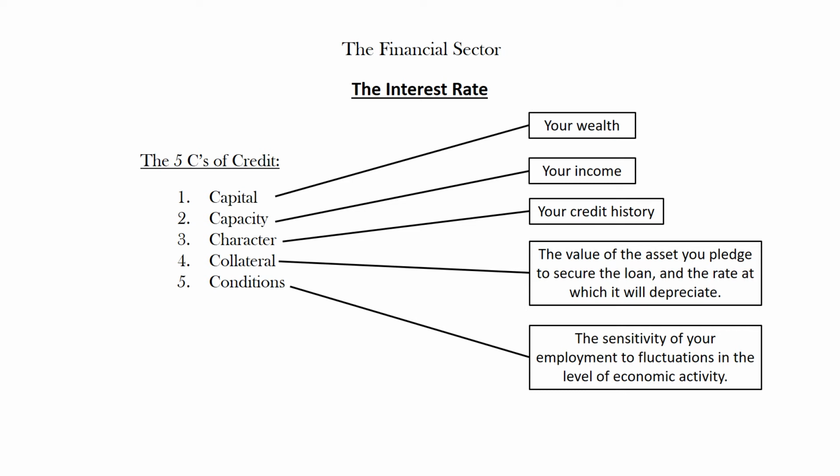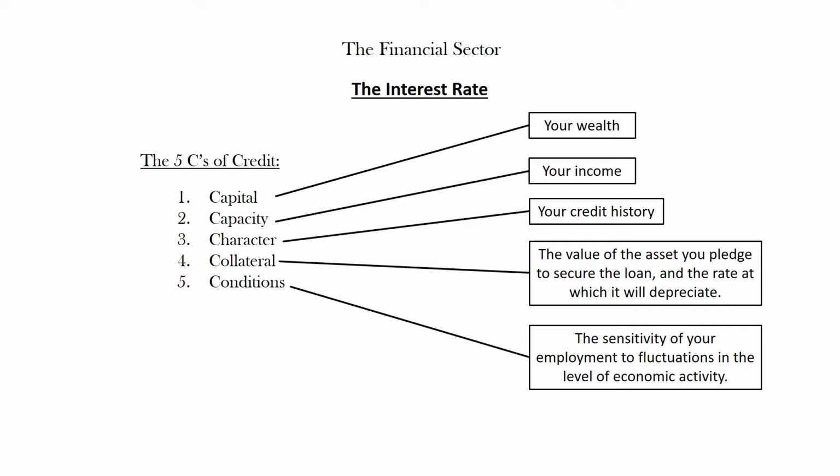Obviously, the more sensitive your income, the more it would fluctuate with the economic conditions, the more risky the borrower would be perceived, and therefore the higher would be the cost of default box. A borrower with a more reliable, more stable income would be perceived as less risky, and therefore would be charged a lower cost of default box.